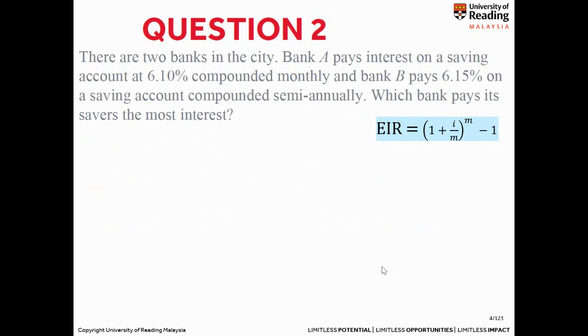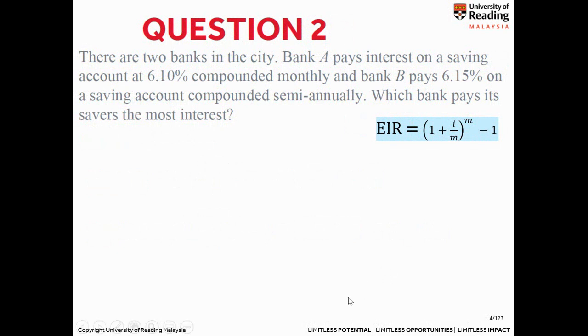Second example, where you are given two banks. Bank A gives 6.10%, but the interest is compounded monthly. And bank B looks like it gives a higher interest rate of 6.15% on a savings account, compounded semi-annually.